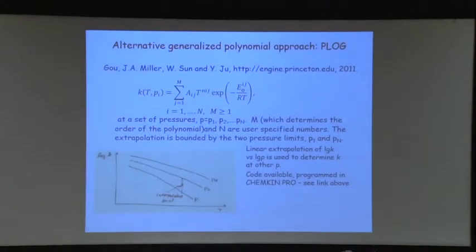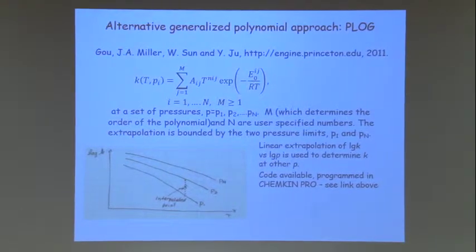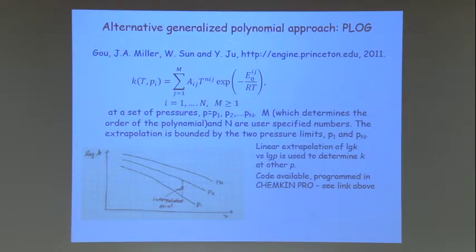You've got various measurements of the rate constants and use a polynomial to represent the pressure and the temperature dependence. Then you use an interpolation method to go between different pressures. So these are three different pressures, a polynomial representation of the rate data, and then interpolating between those different pressures to get a rate constant at a specific pressure.